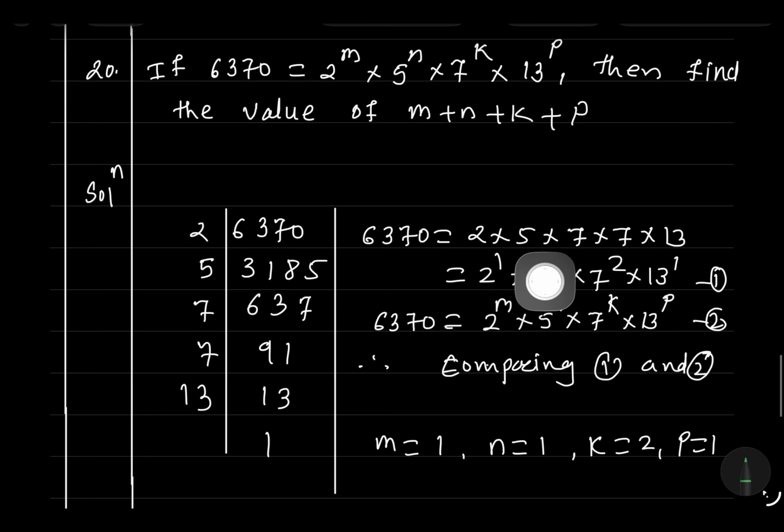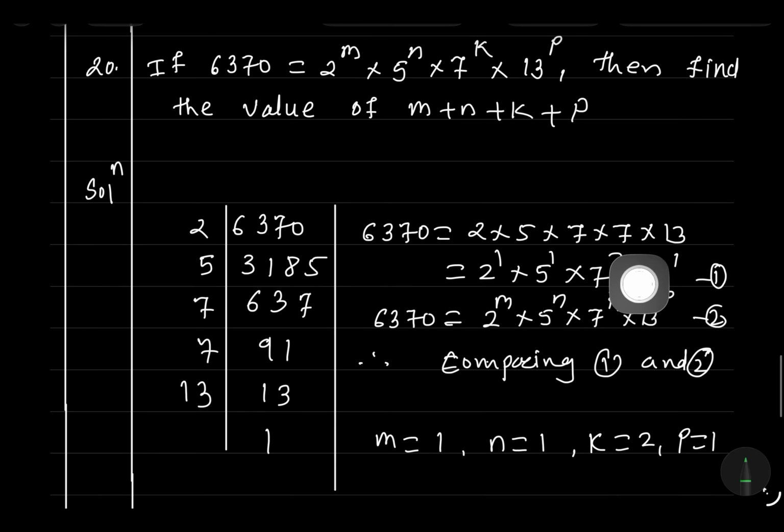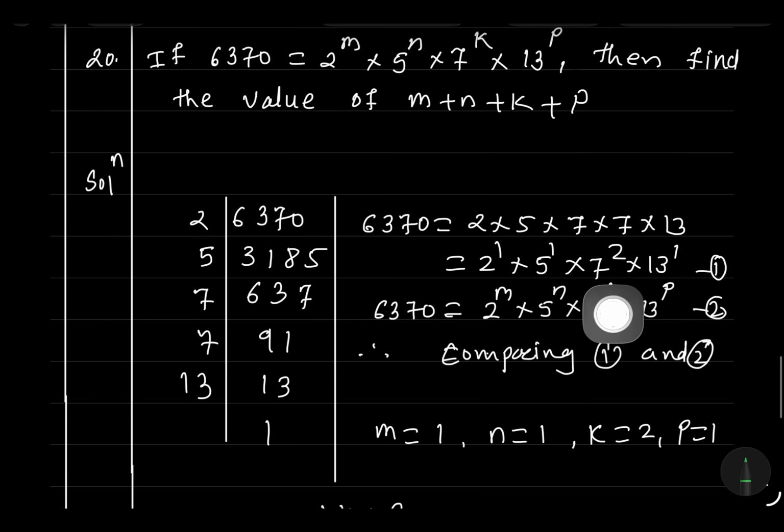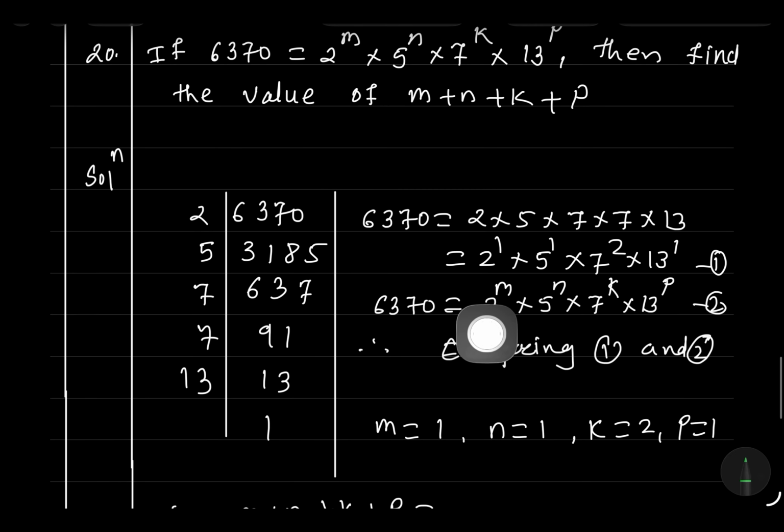Here I have written 2 into 5 into 7 into 7 into 13 into 13, which means 2 raised to 1, 5 raised to 1, 7 raised to 2 and 13 raised to 1. This is the number written in exponent form, and the other is also a given equation we can say.